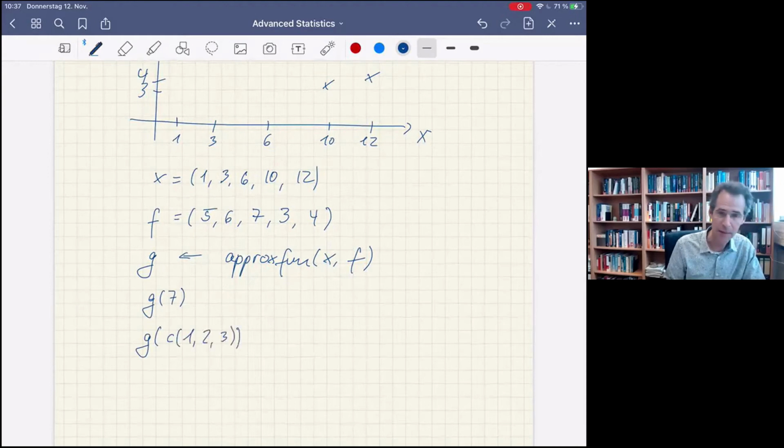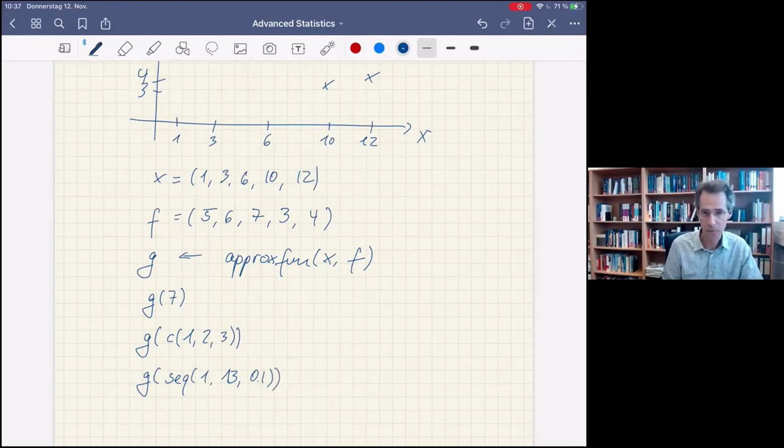And you would get 3 numbers. Or a sequence starting from 1 up to 13, step length 0.1. Then you would get an entire vector for these grid points. All right. Thank you.